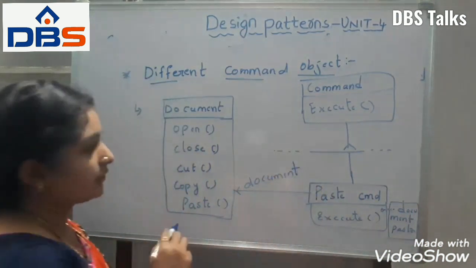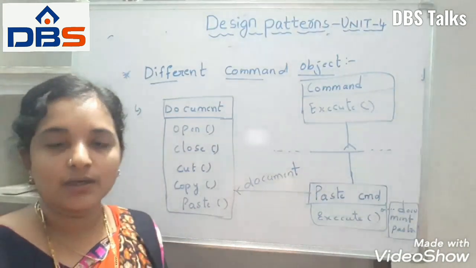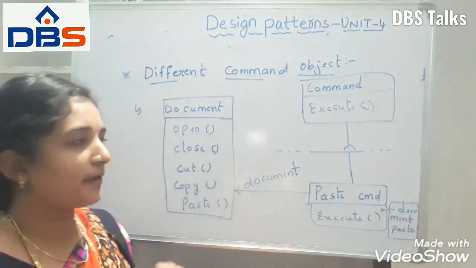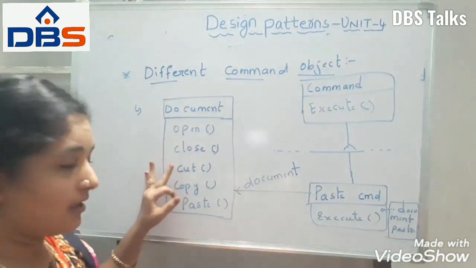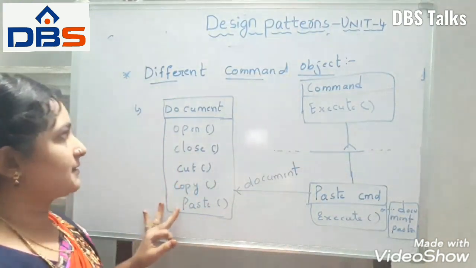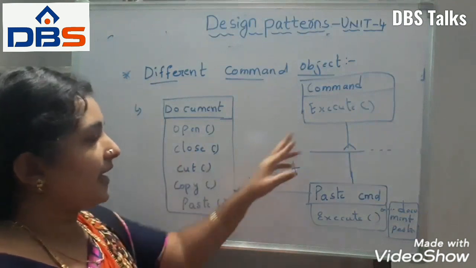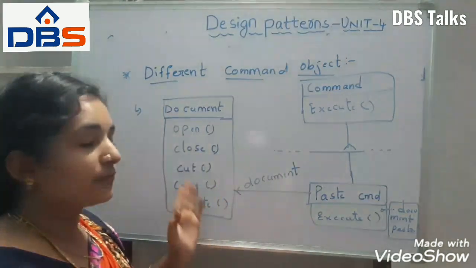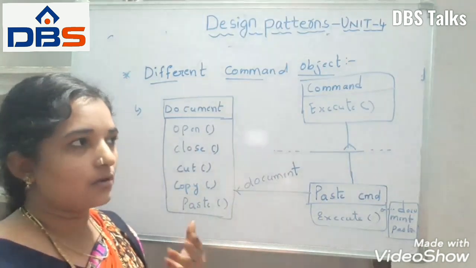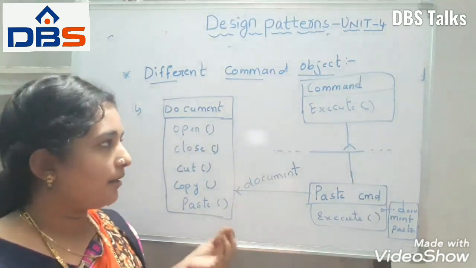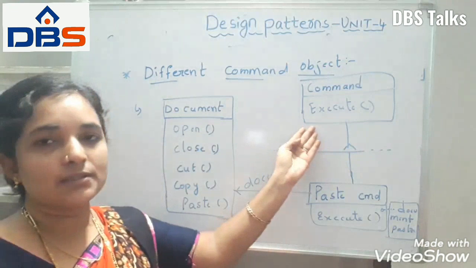Here I have a small image. In this image we have different types of commands: open command, close command, cut command, copy command and paste command. If we want to open, close, cut or do any paste operation, we have to give the request.